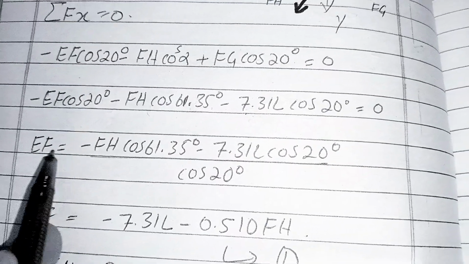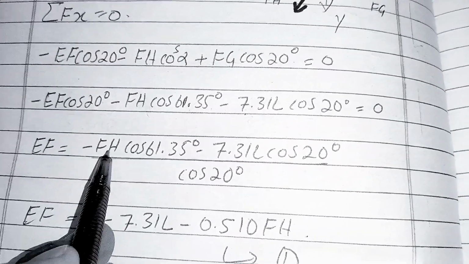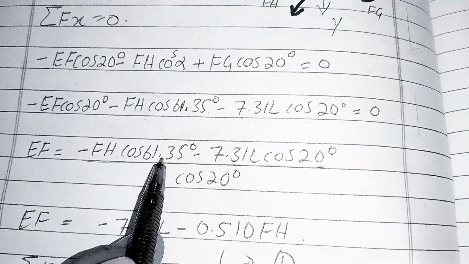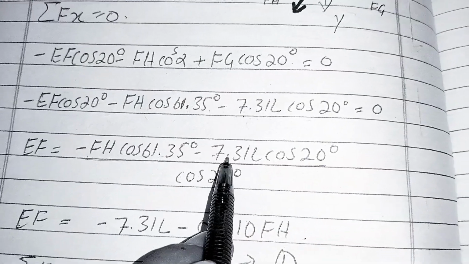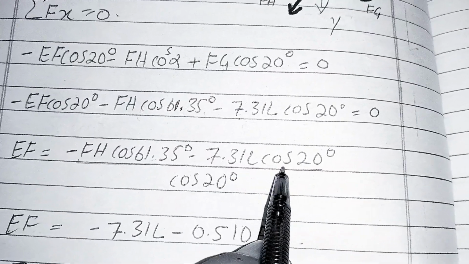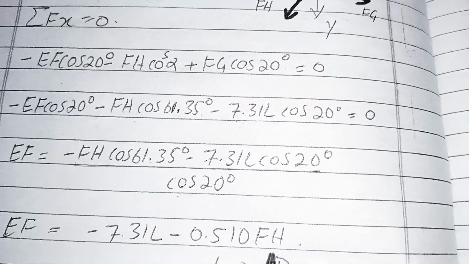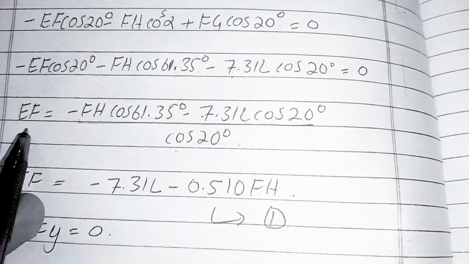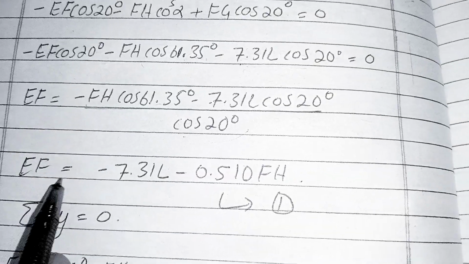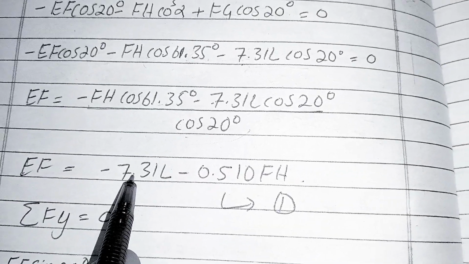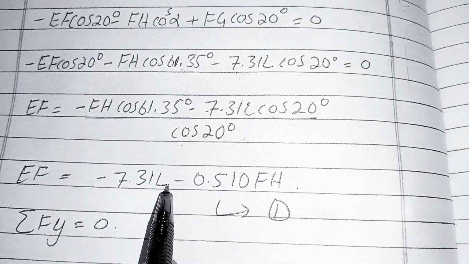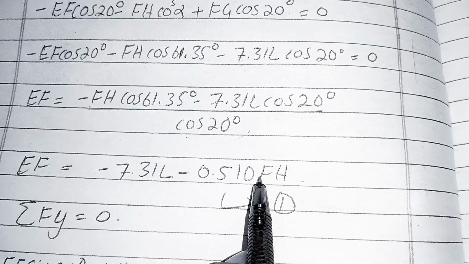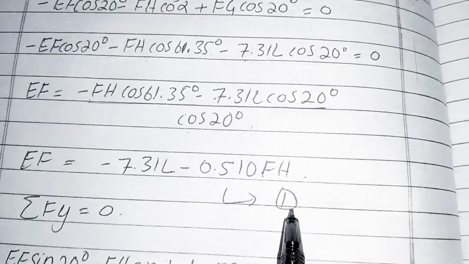So EF will equal FH cos 61.35 minus 7.31L cos 20 degrees, divided by cos 20. So FH is a function of EF. EF is equal to negative 7.31L minus 0.510 FH.